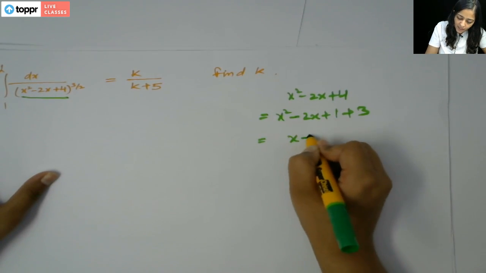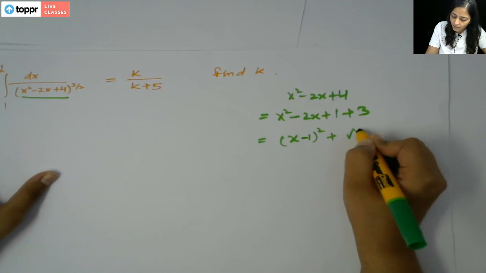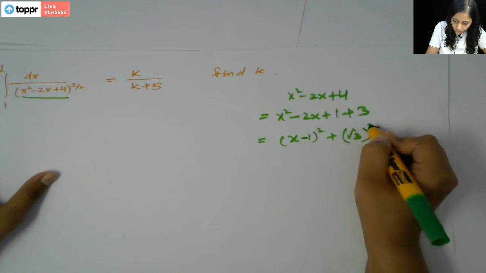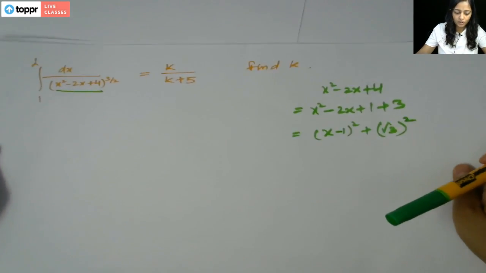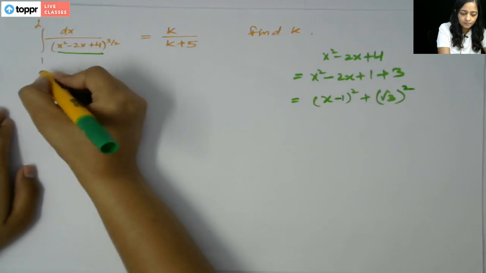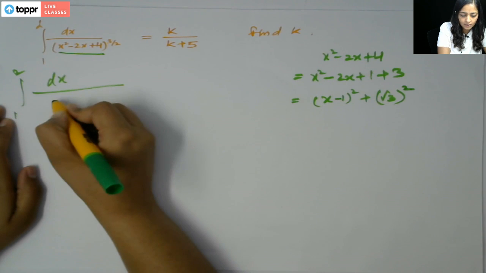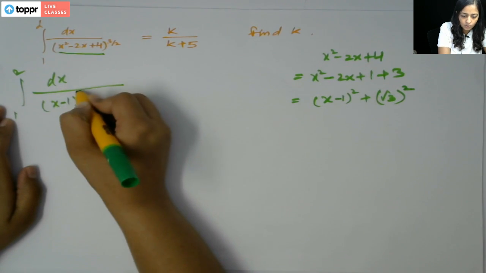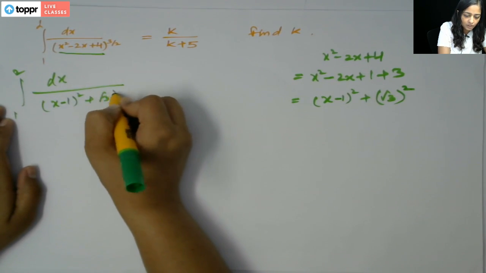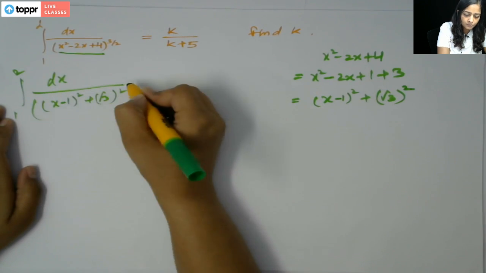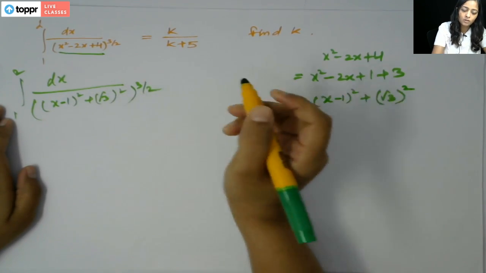Now this is x minus 1 whole square plus under root 3 whole square. So this would be equal to integral from 1 to 2 dx over x minus 1 whole square plus under root 3 whole square power 3 by 2.